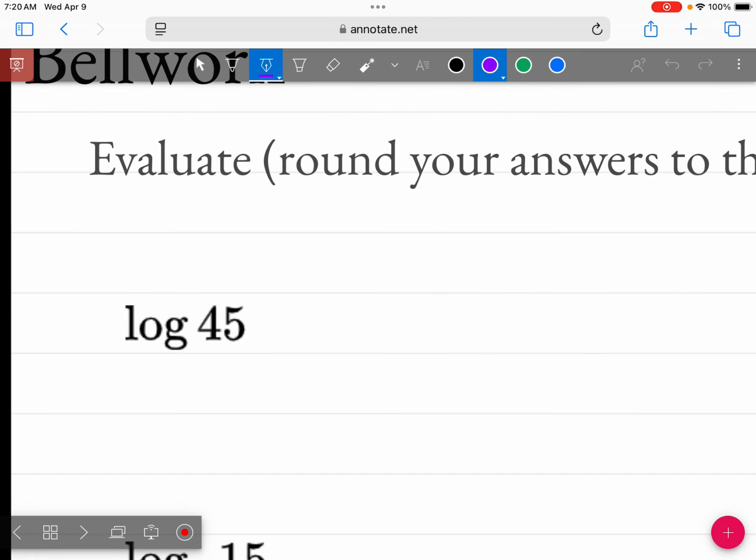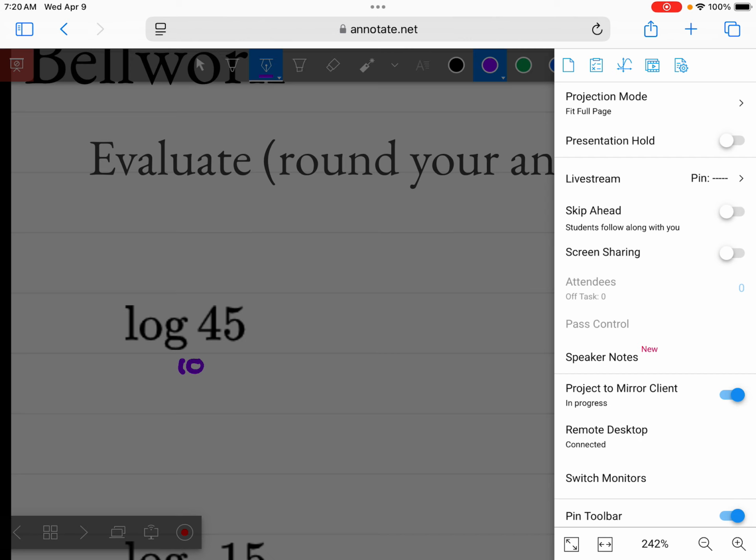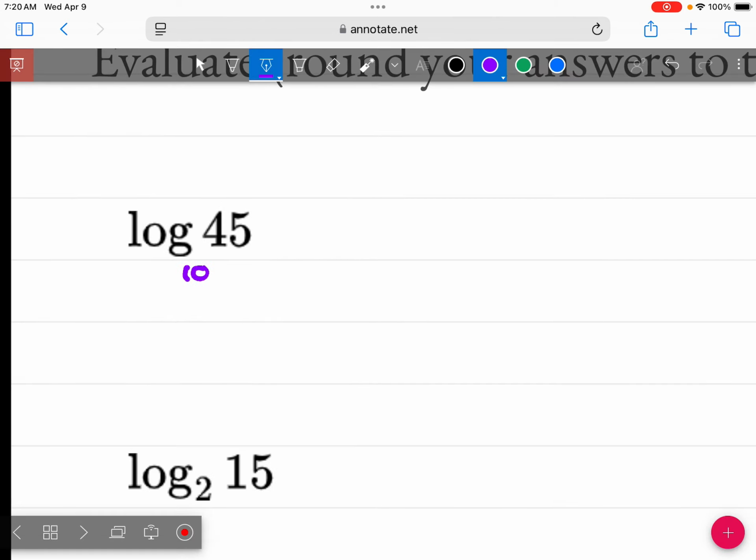If we want to do this change of base style, since this does have a base of 10 here, you can absolutely do this as log 45 over log 10. Totally works. It's going to do the exact same thing because common log of 10 is just 1. So you can just straight up type this in the calculator as it is, since common log is a button on our calculator.